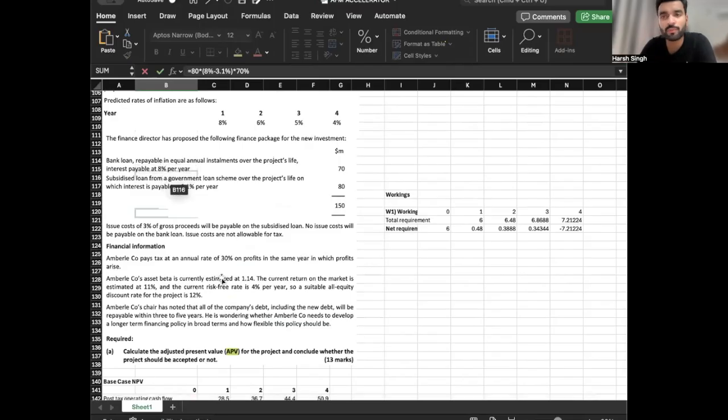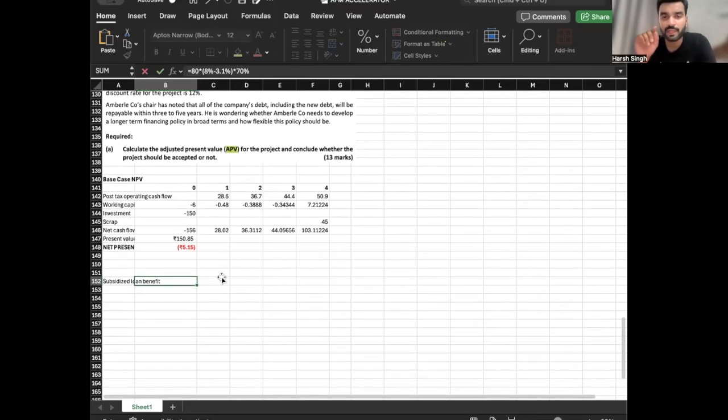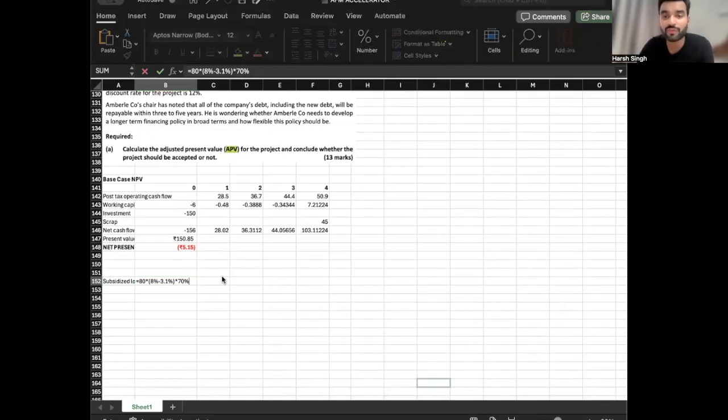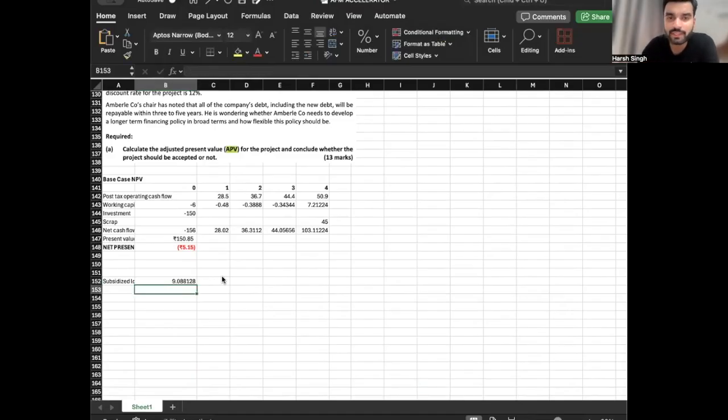So annuity for 4 years at the rate of 8%. How much is that, everyone? 3.312. Multiply by 3.312. Simple. Click enter. Now you have the subsidized loan benefit.